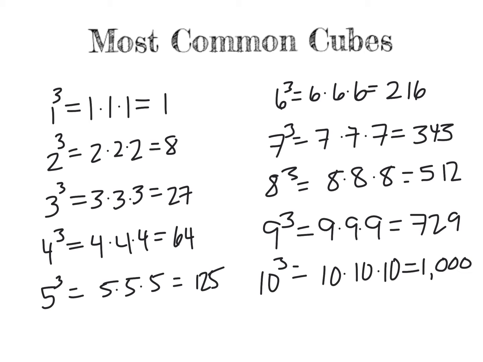The square root of 100 is 10, because 10 times 10 is 100. In a similar form, the cube root of 125 is 5, because 5 times 5 times 5 gives you 125. I like to make a list of common cubes to refer to, so we can point out what cube the number is rooting from. The more you use these, the more comfortable you're going to get identifying these common cubes.